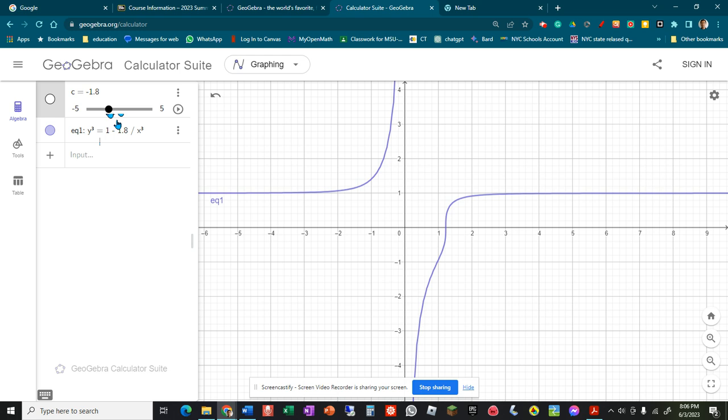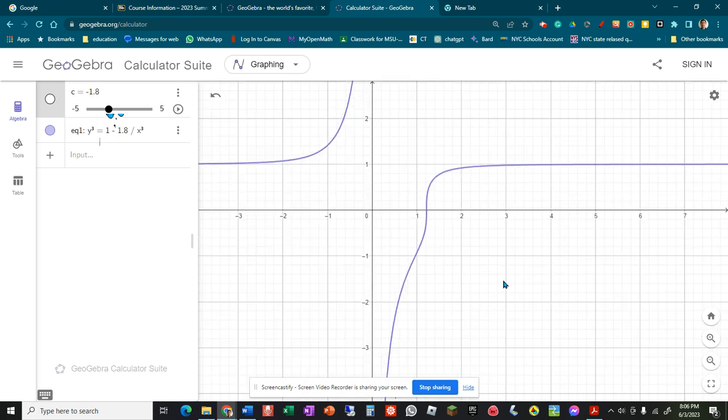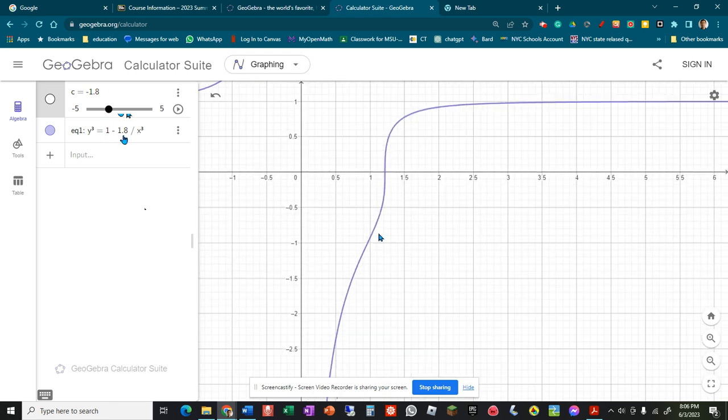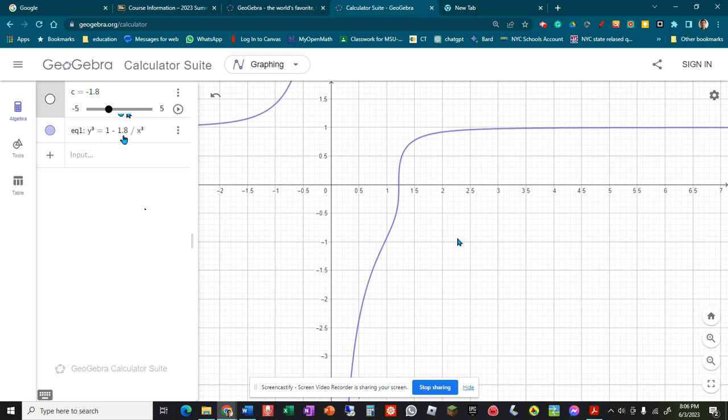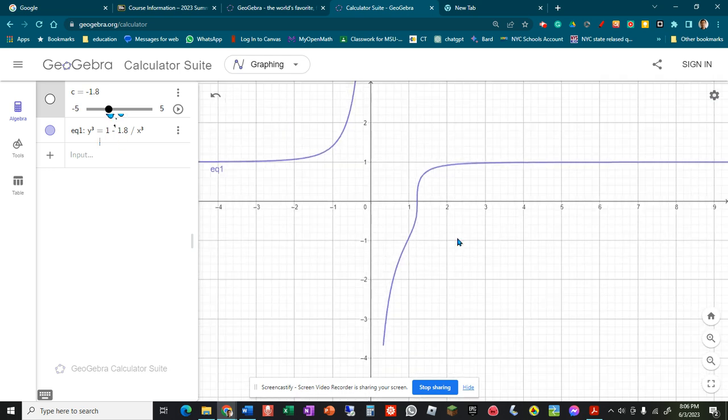When c is bigger than 0, the function is always decreasing. And when c is less than 0, the function is always increasing. And when I say function, of course, I mean branches of functions. So if you look here carefully, you have to be really careful how it looks. Anyway, we have a critical value c equal to 0.